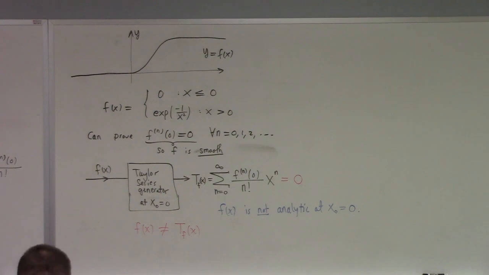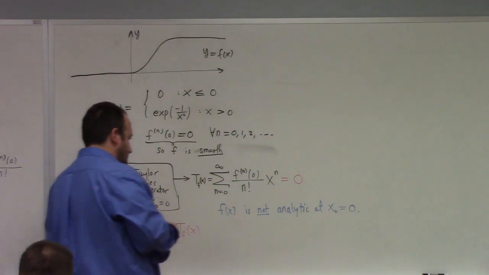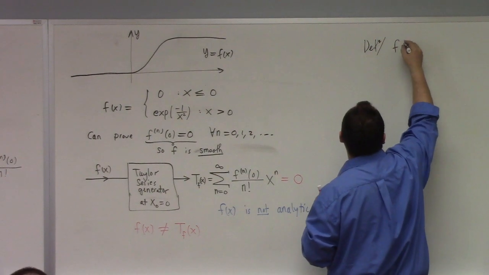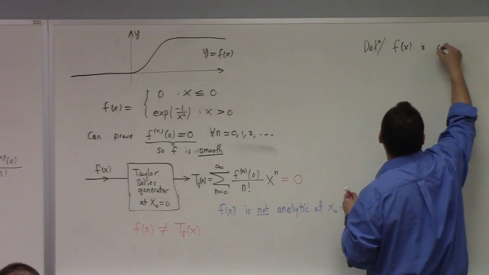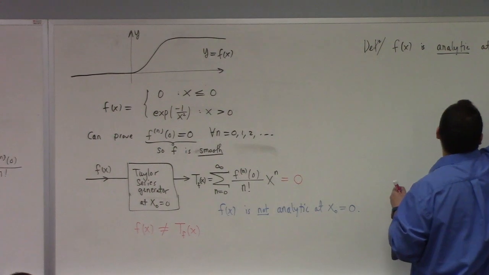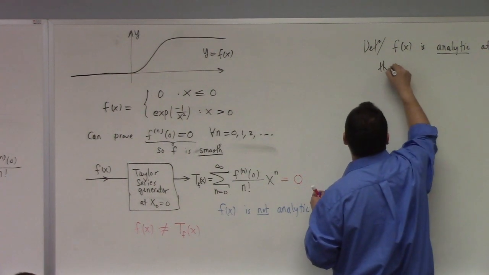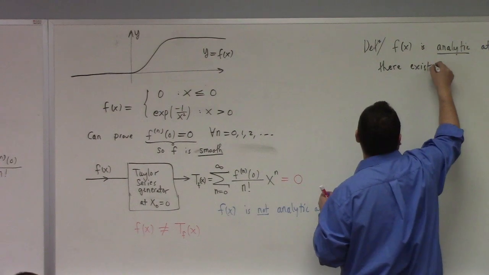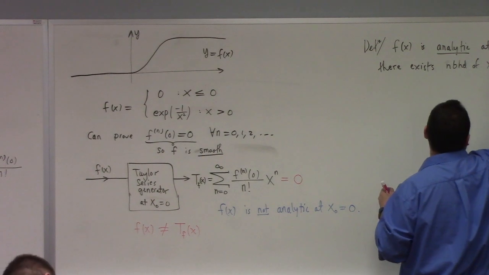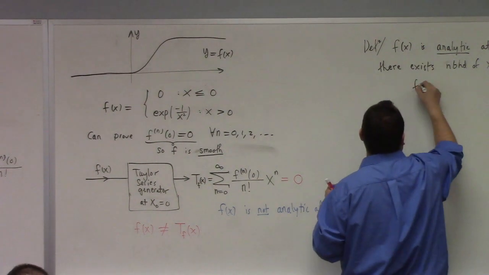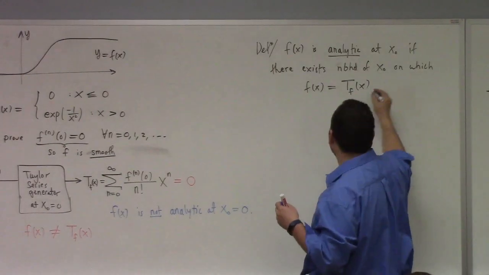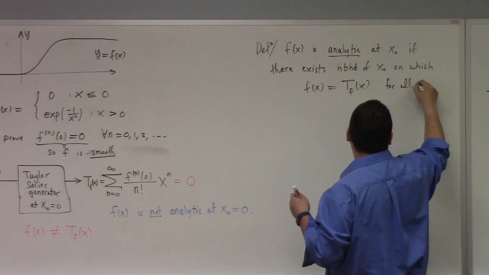So what does analytic mean? This is a definition: f of x is analytic at x naught if there exists a neighborhood of x naught on which f of x is equal to the Taylor series for f of x for all x in the neighborhood.